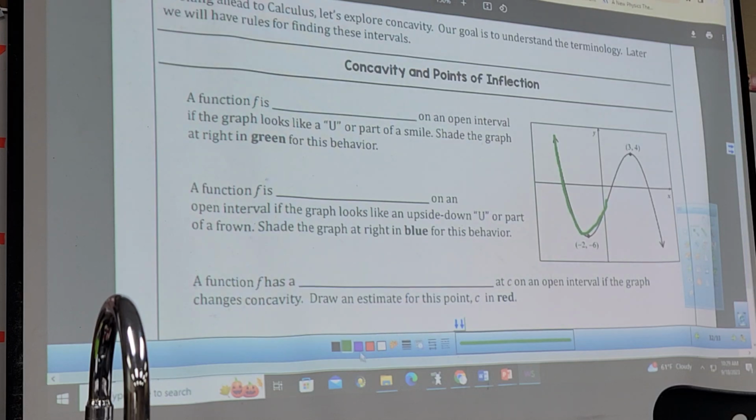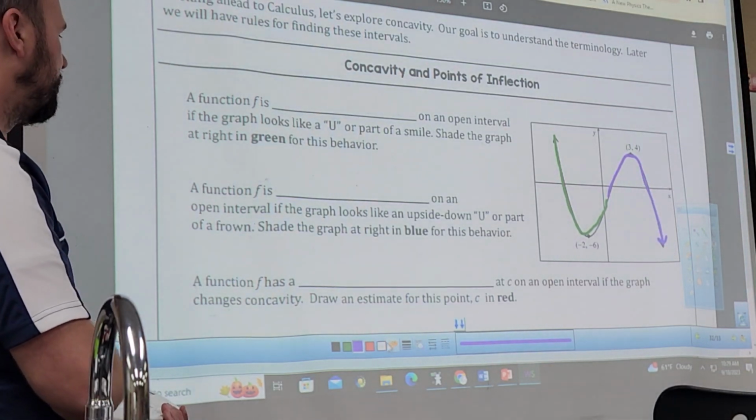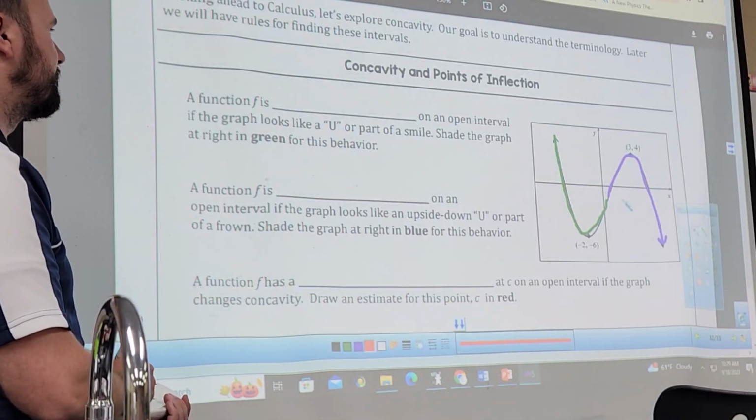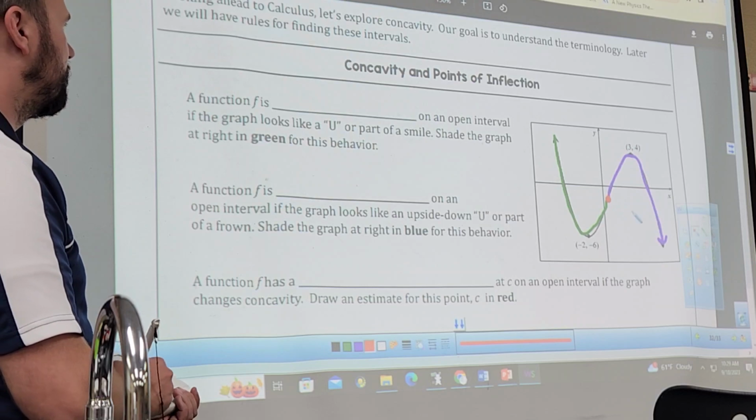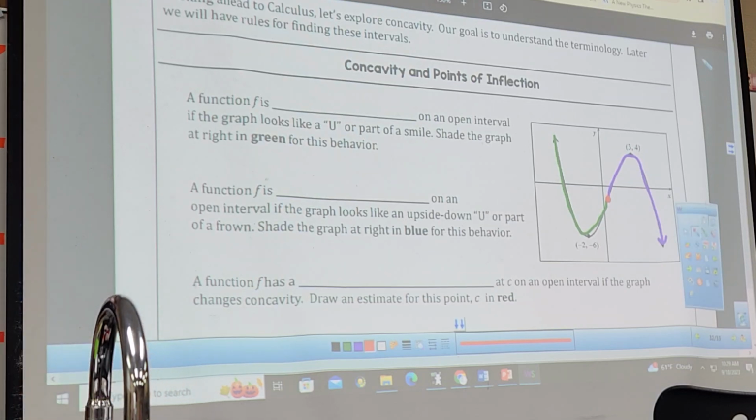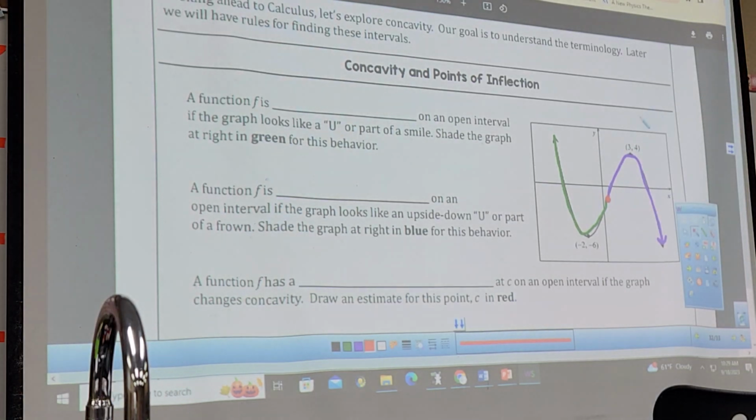It says blue. That's blue enough. So again, I'm going up, I'm going down. And then what do I call that point where it switches? Point of inflection. All right, does that look like a pretty decent graph?